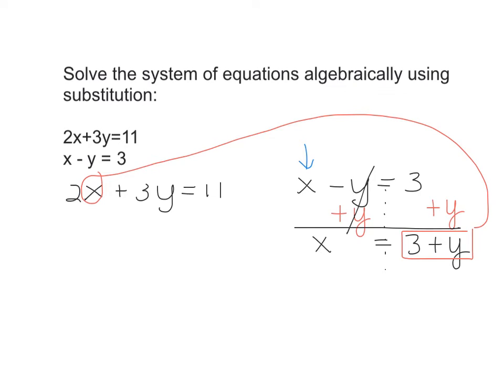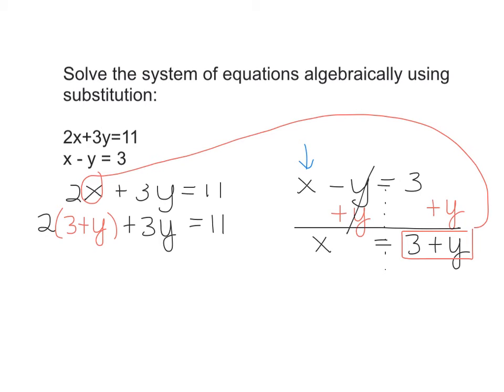And when we do that, we have 2 that's there, and it's going to be multiplied times the 3 plus y that we're inserting in its place, plus the 3y equals 11 that's already there. So now once we've made this substitution, we have one equation with one variable that we're going to solve.